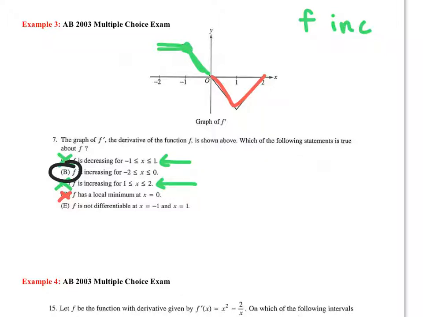There is an output value here at f prime of -1 and here at f prime of 1. If it said f prime is not differentiable, then we would consider that and say yes, because these are abrupt changes. There is no slope approaching from both sides to be equal. So E is out and our answer would be B.